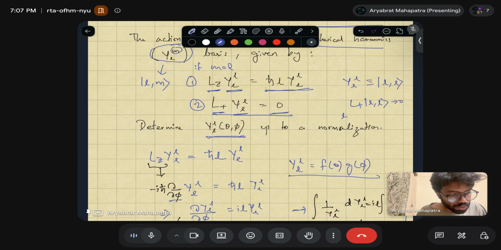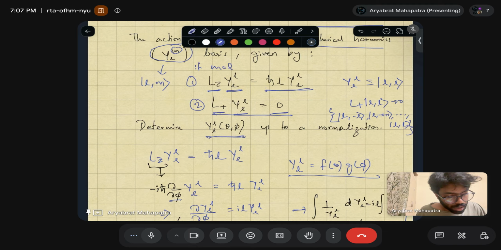It can only go from L minus L to L minus L plus 1, and so on up to L plus L. So when L plus acts on LL, it will go to 0.